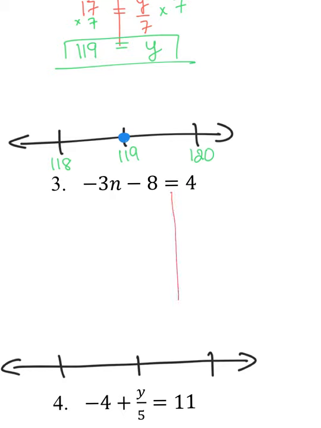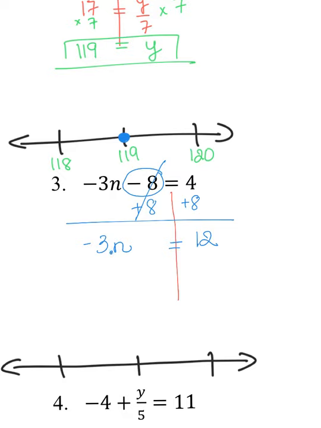So my job is to isolate variable n by itself, and I need to get rid of the constant. So my constant is negative 8 or minus 8. So I need to add 8 on both sides to get rid of it. So minus 8 add 8 is 0. Whatever you don't use, you rewrite it. 4 add 8 is 12.